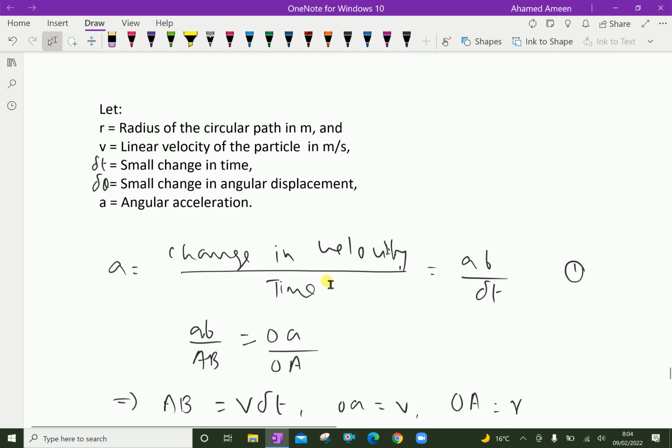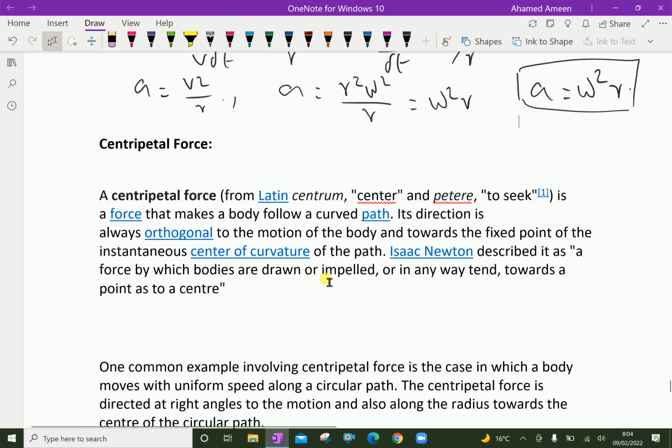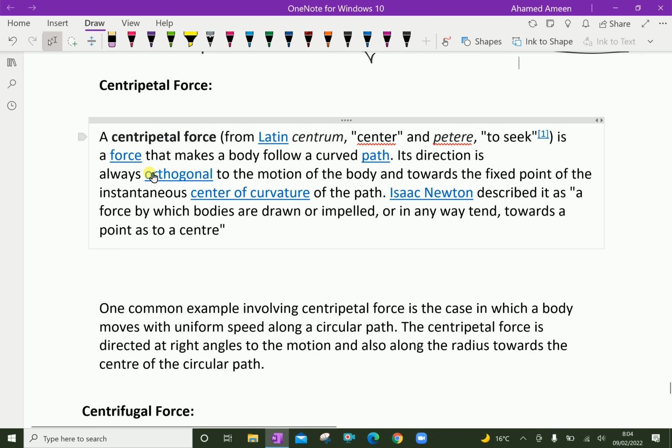Now we will discuss centripetal force further. A centripetal force is a force that makes a body follow a curved path. Its direction is always orthogonal to the motion of the body and towards the fixed point of the instantaneous center of curvature of the path.